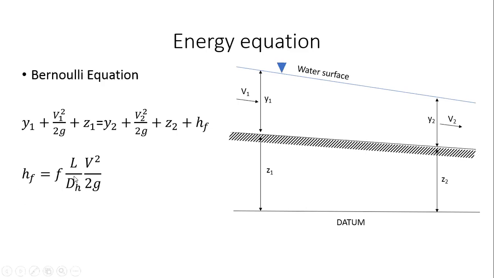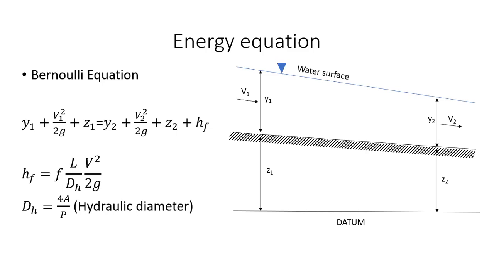If you go back to your notes, you will find this DH, which is simply called the hydraulic diameter, which is not the diameter of the pipe, because if it's a non-circular cross section, you don't have the diameter, but you can find an equivalent diameter, which is called the hydraulic diameter, represented as 4A by P, right?